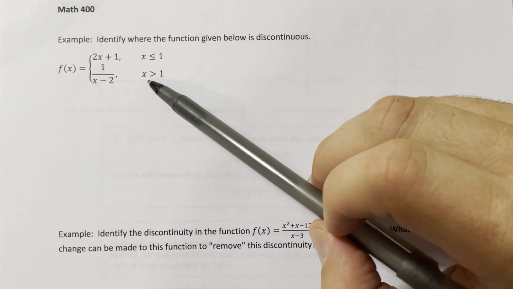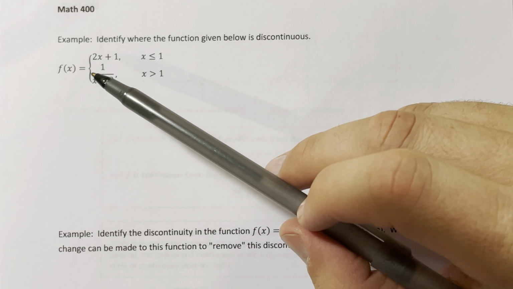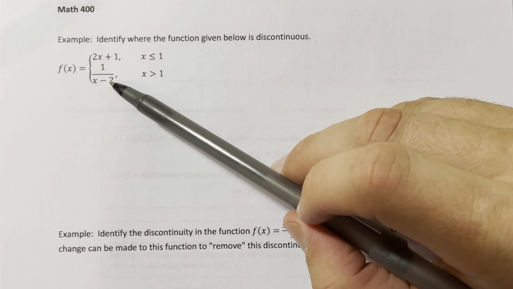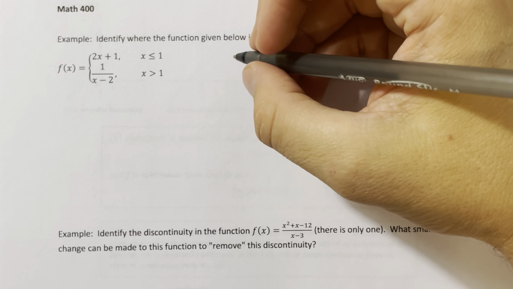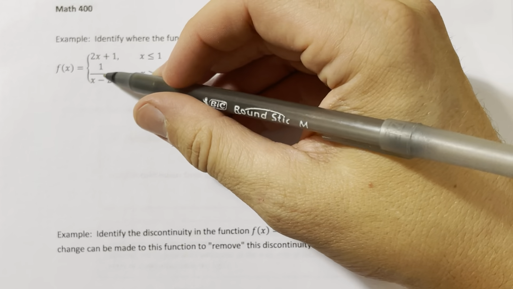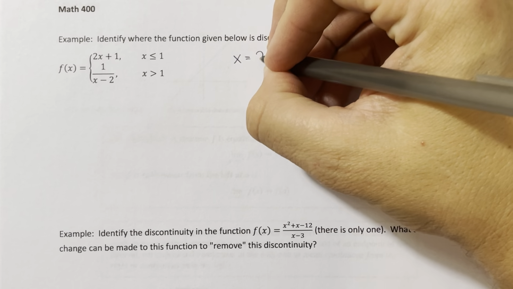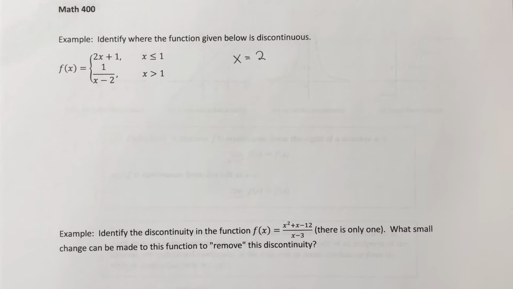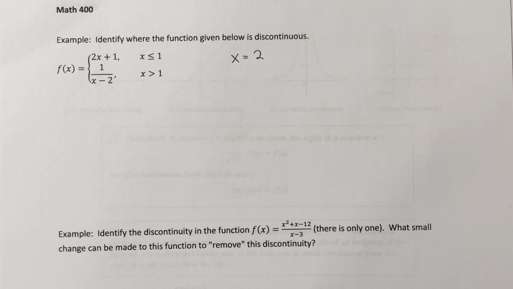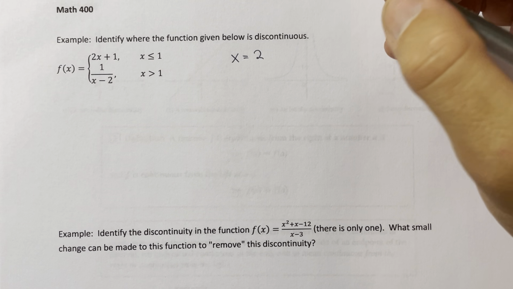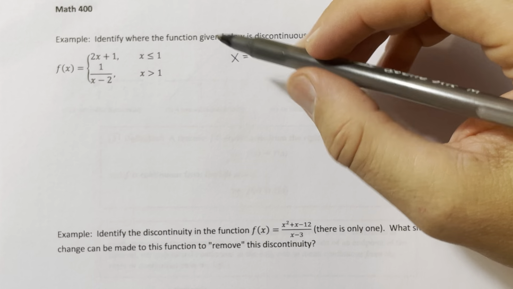Well, 2 is greater than 1. So 2 is going to cause us a problem here. I already know that we're going to have a discontinuity at x equals 2, simply because this function is not defined there. You can't find f of 2. It doesn't exist.